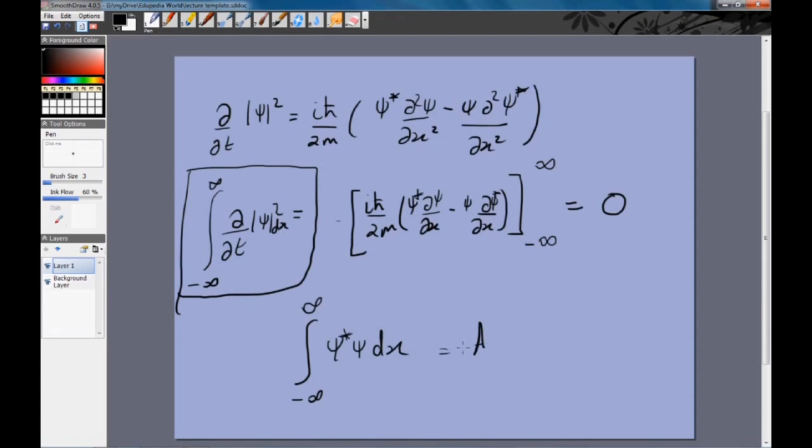Then all you do is you divide this by a, and then this will be 1, which means that the new function will be psi by root a. Right, and the complex conjugate will be psi star by root a, and then you integrate it, then it will be normalized because the integral will be 1. If it is normalized at time t equal to 0, it will continue to stay normalized for all time to come.